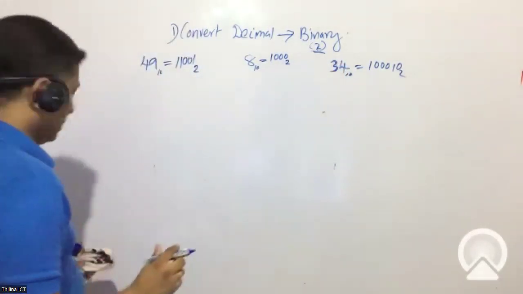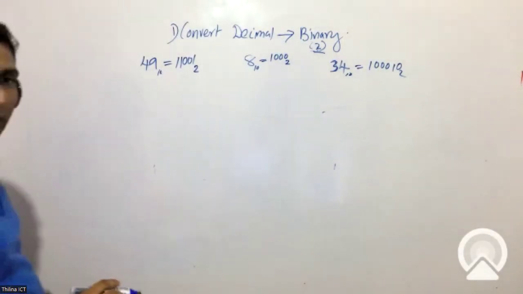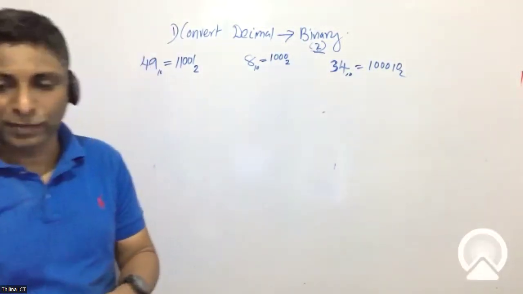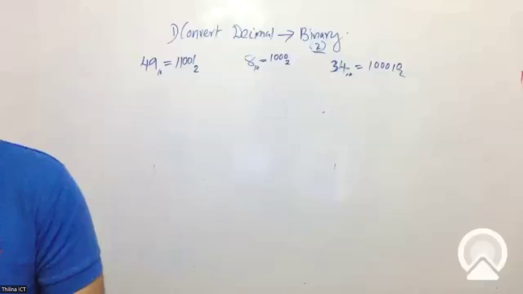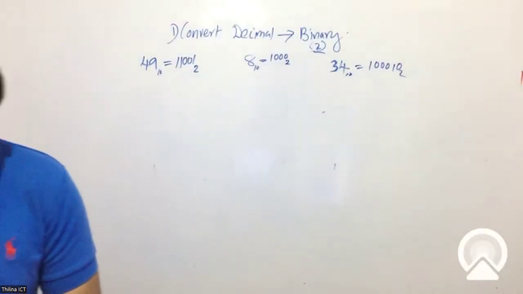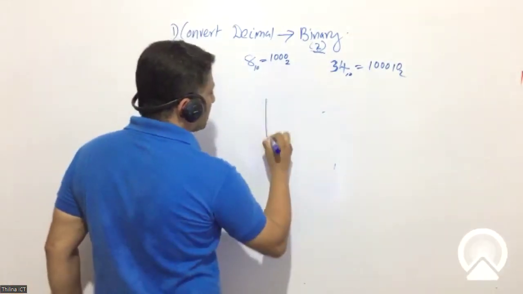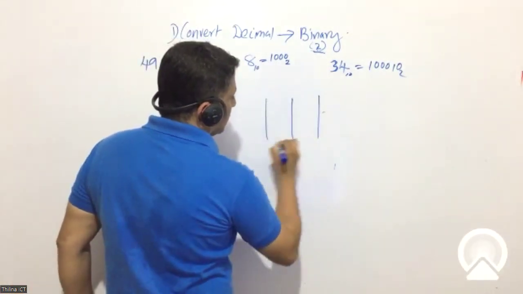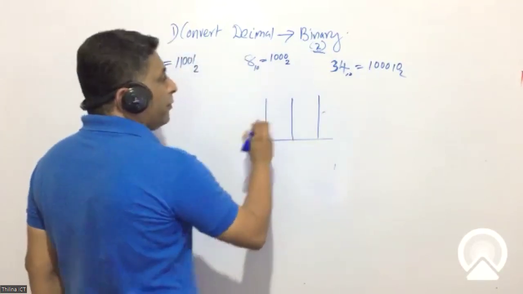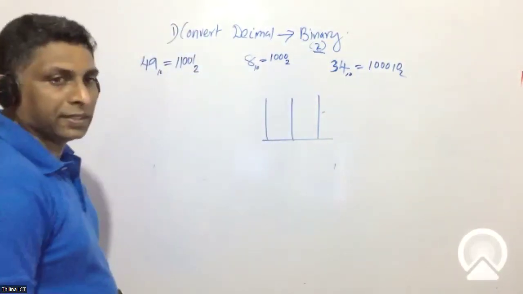Now, let's revise our counting frame. Chuti kalekale counting frame, right? So we'll draw a counting frame. So we got beads. We can fill this counting frame using beads, right?